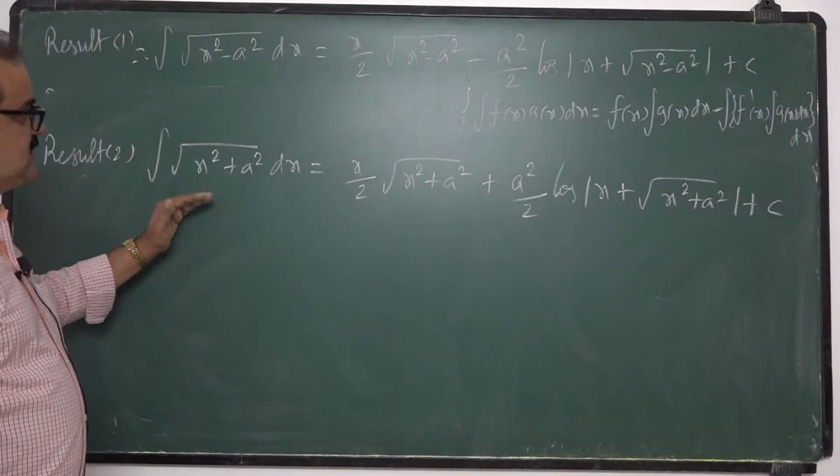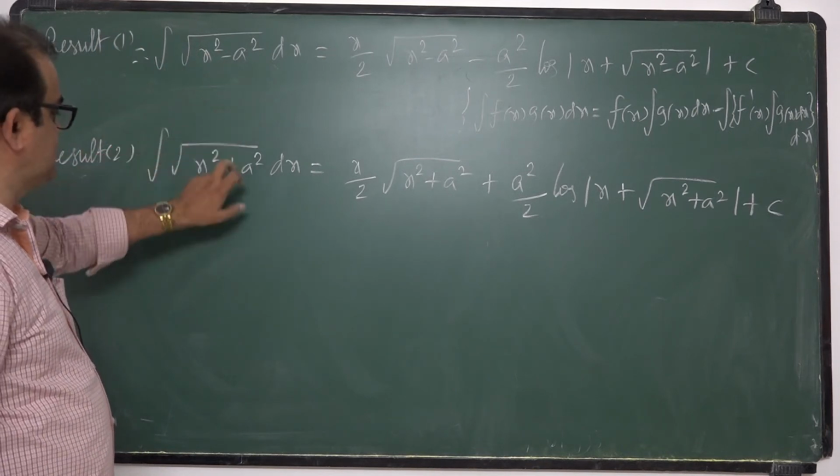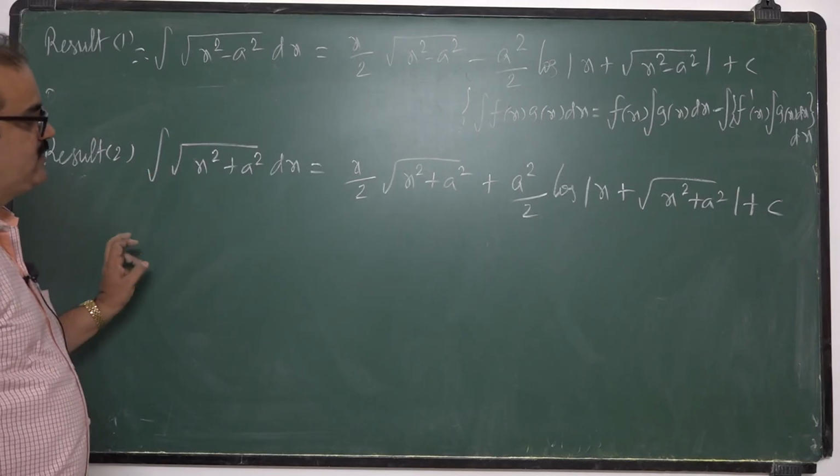The proof of this result is the same as result 1, but instead of minus a square, here it is plus a square.